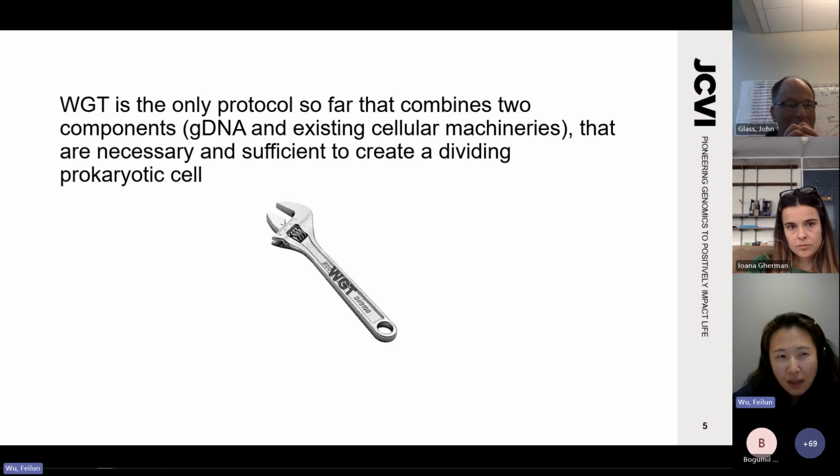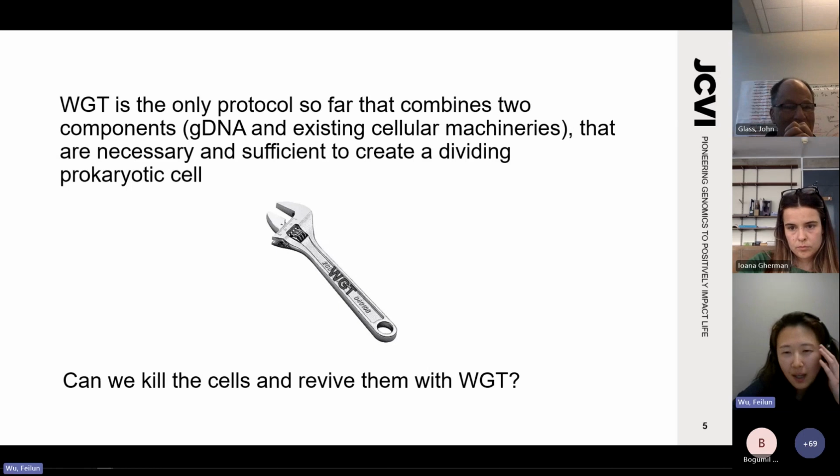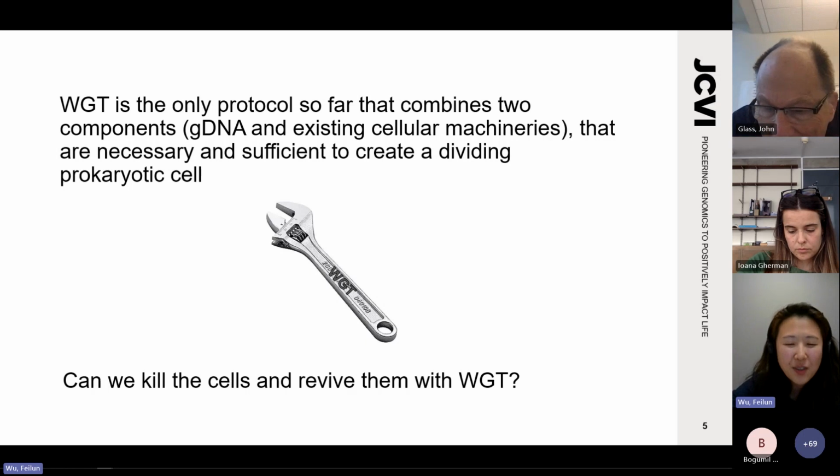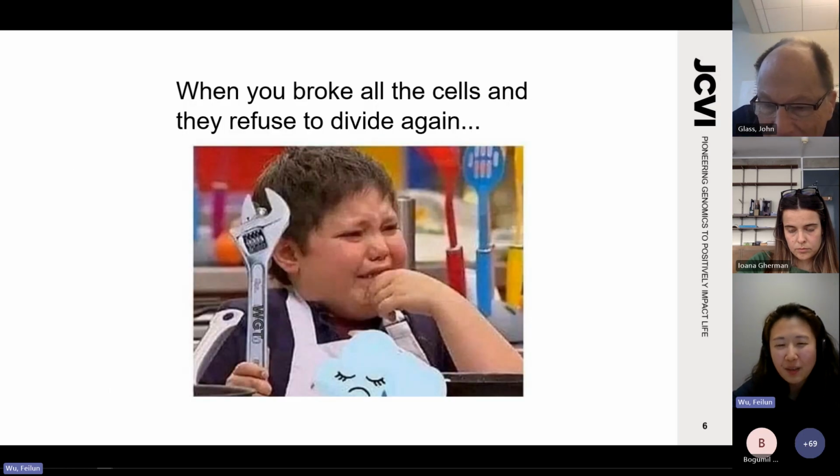And going one step even further, can we kill the cells, meaning that we make them non-dividable, and still be able to revive them with whole genome transplantation? And if so, we essentially can demonstrate the creation of living matter from non-living matter. And that's my title of characterizing the boundary between life and death. Although it sounds exciting, right?